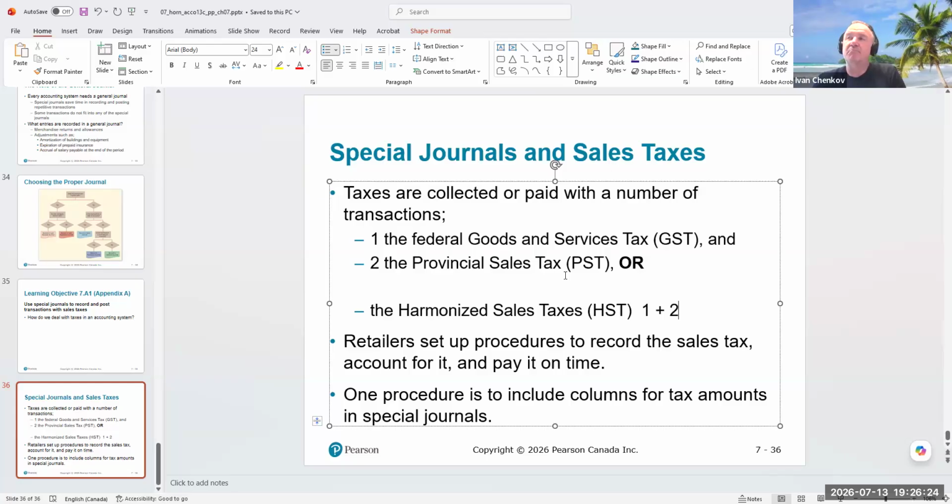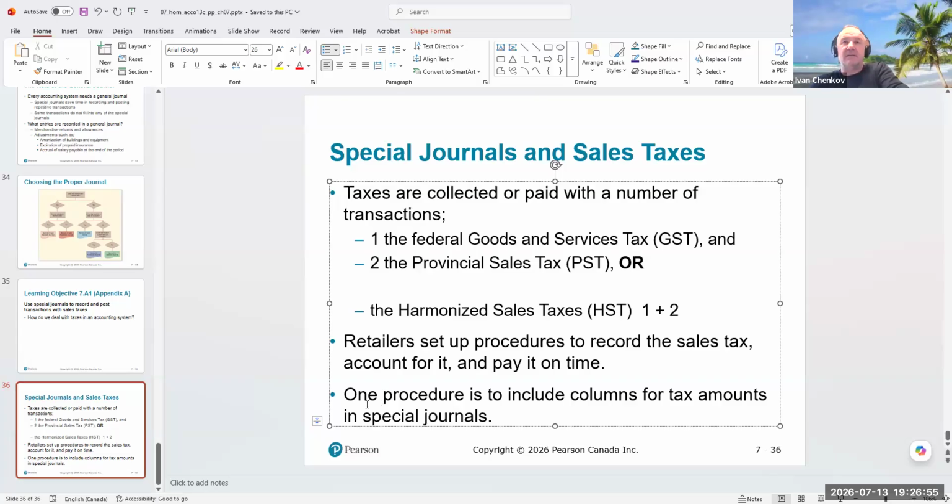I would say most of the provinces have already moved to HST, or harmonized sales taxes, which combine both. For some provinces, that harmonized tax is different than what we pay here in BC. And again, that harmonized tax is applicable to everything, whereas in BC, we are only paying the provincial taxes on the sales of goods.